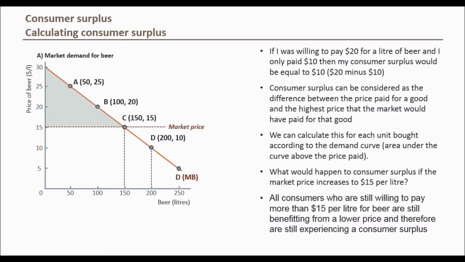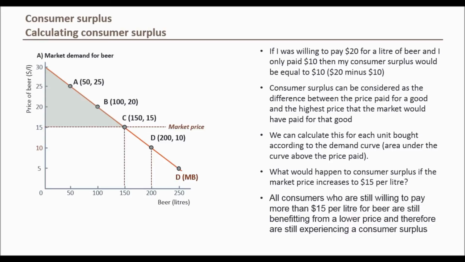So half the height, which is $7.50 per liter, multiplied by 150 liters, gives us a new market consumer surplus of $1,125. So you should notice that this is lower than the previous market surplus, which was $2,000, which is expected, because the market price level went up. So naturally consumers lose out because they now have to pay more.